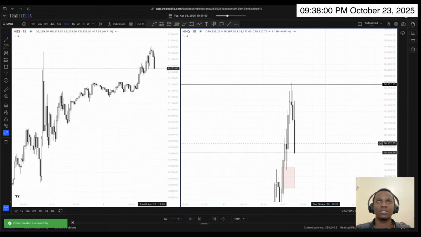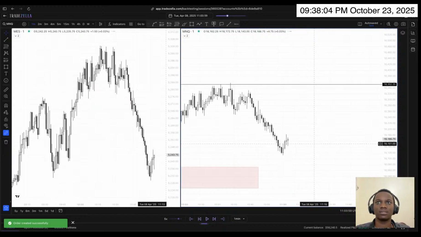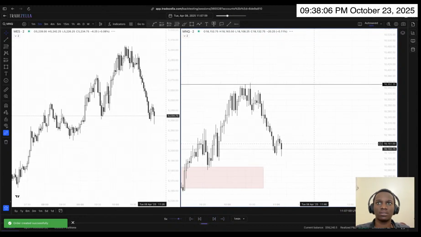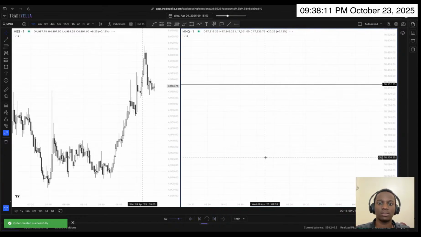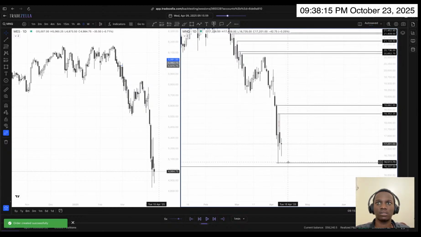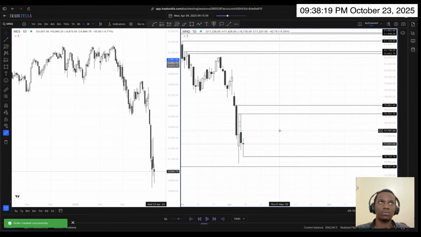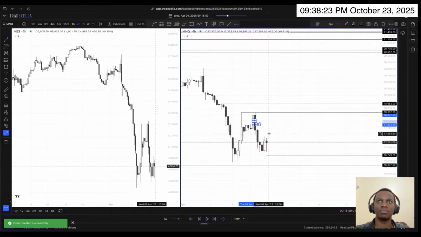So the next macro is not looking really good. Is this low here? Let's see if we can get that. Looks like it's split bearish. Now we're in the 4-hour here.